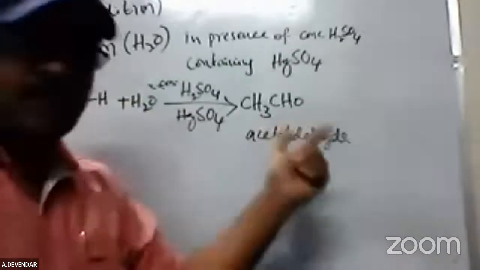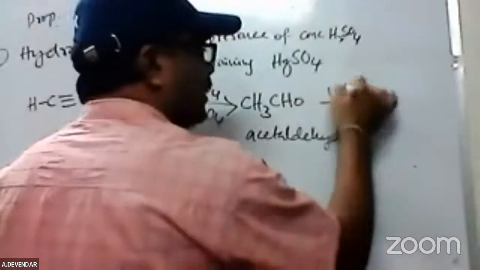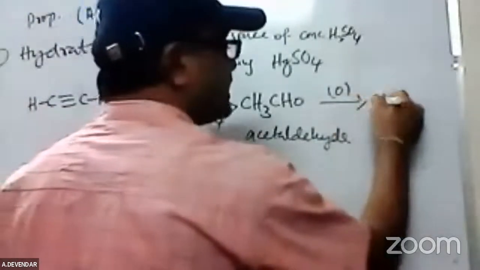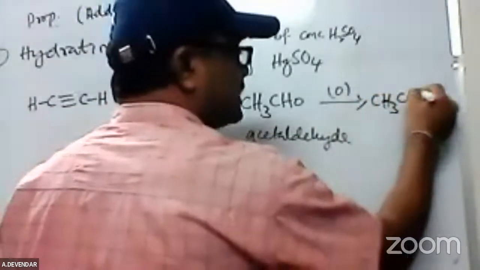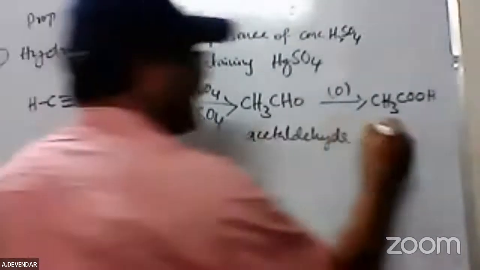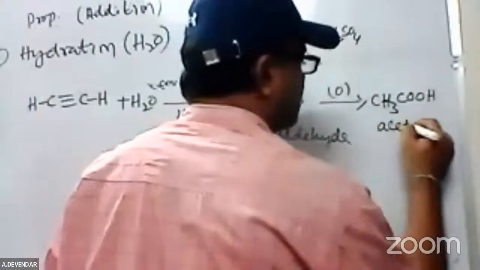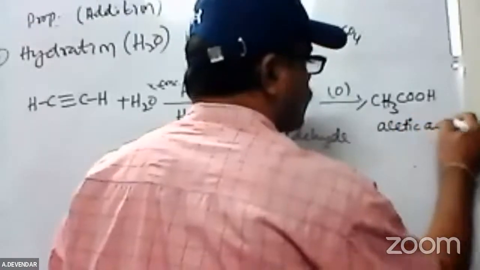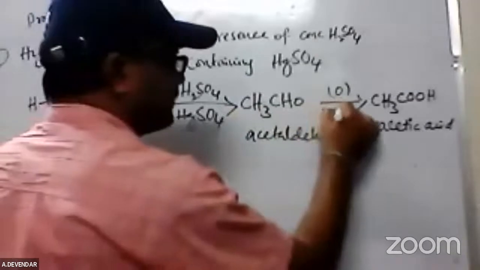Vinyl alcohol further undergoes hydrolysis and you get acetaldehyde. This acetaldehyde on further oxidation gives acetic acid. Sometimes it is also asked how to prepare acetic acid from ethylene gas. This is acetic acid. Only further oxidation takes place. This is called oxidation. So this is a very, very important property.